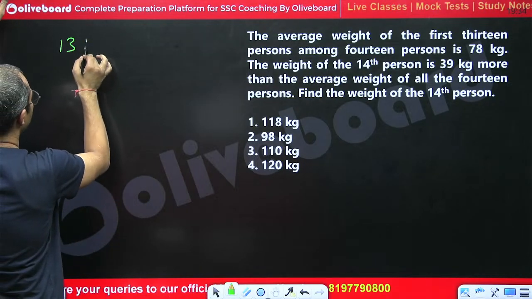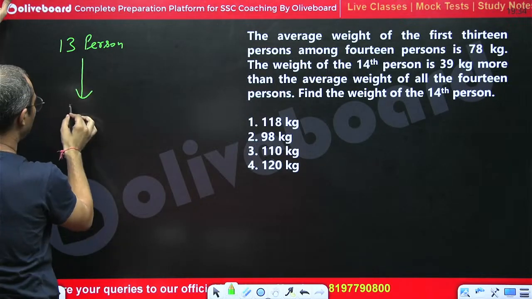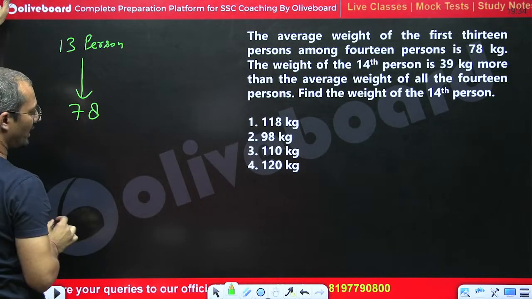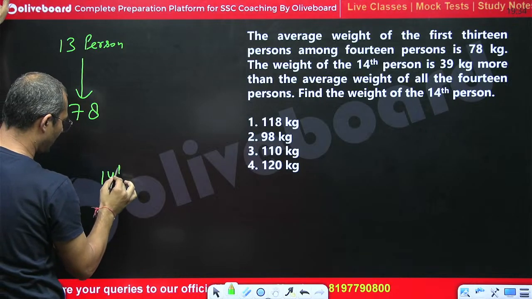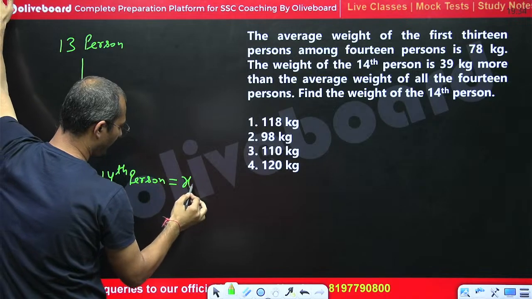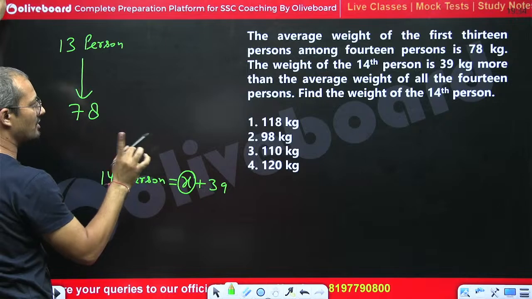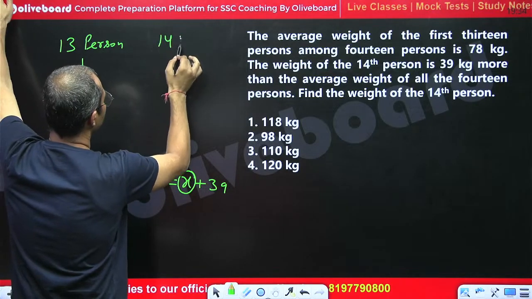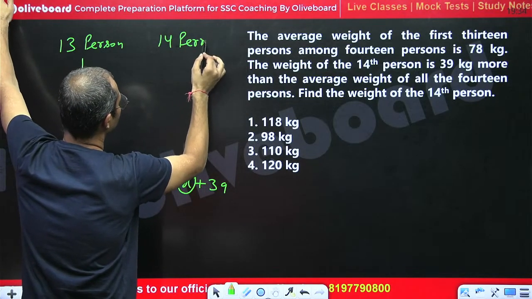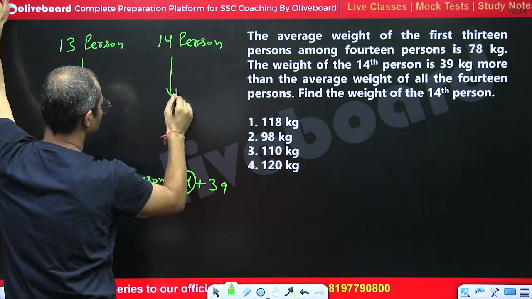Here we are given the average of the first 13 persons, right? So the average of 13 is given 78 and we know the value of the 14th observation is x plus 39. So x is the average of 14. x is the average of 14, right?